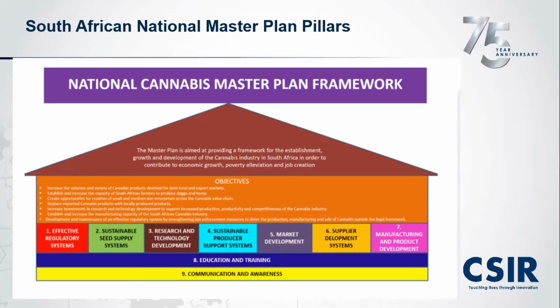The policies kind of dictate that, that's where we are right now. Once those policies are in place, then this plan will go through. We also know that different provincial governments are working on their own provincial master plans, but they may have to wait until the National Cannabis Master Plan is launched before they can launch theirs.